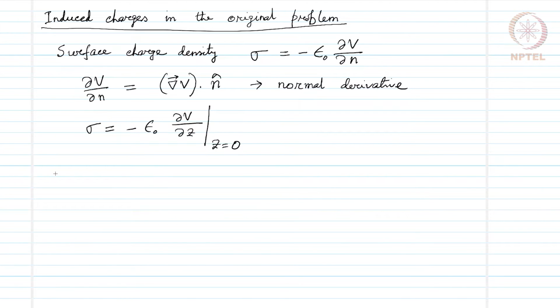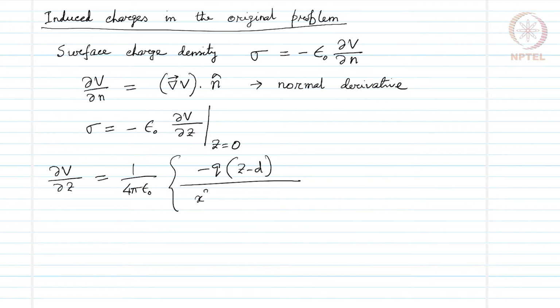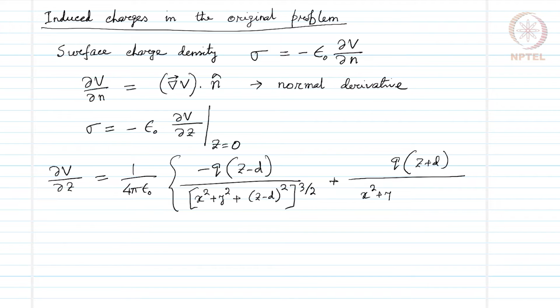And we have the expression for the potential V. So, del V del z can be given as 1 over 4 pi epsilon naught times minus q (z minus d) over (x squared plus y squared plus (z minus d) squared) to the power 3 over 2, plus q times (z plus d) over (x squared plus y squared plus (z plus d) squared) to the power 3 over 2.